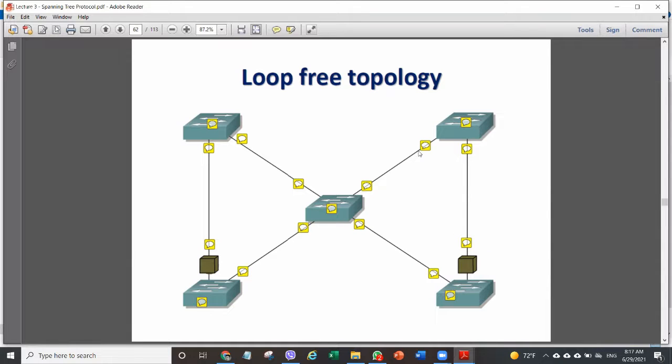You got an idea about the root bridge, designated bridge, root port, designated port, non-designated port. 5 concepts. Eventually you will find out the spanning tree. No questions?